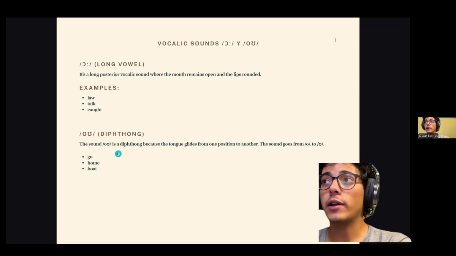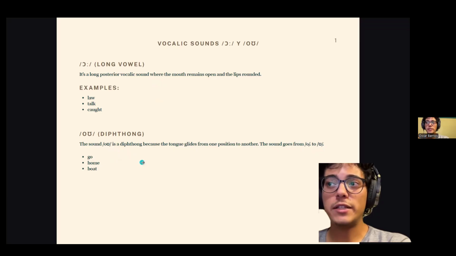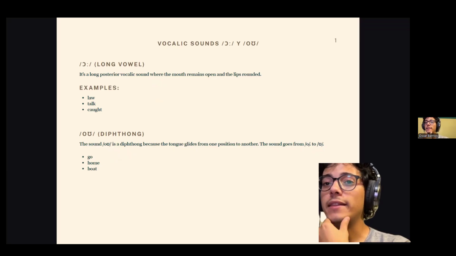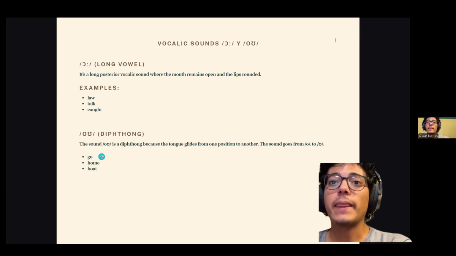So we're going to have an open mouth, rounded lips, but then we're going to transition to form a smaller O shape for the U sound, and the lips are going to extend outwards. So how is that applied to these example words?